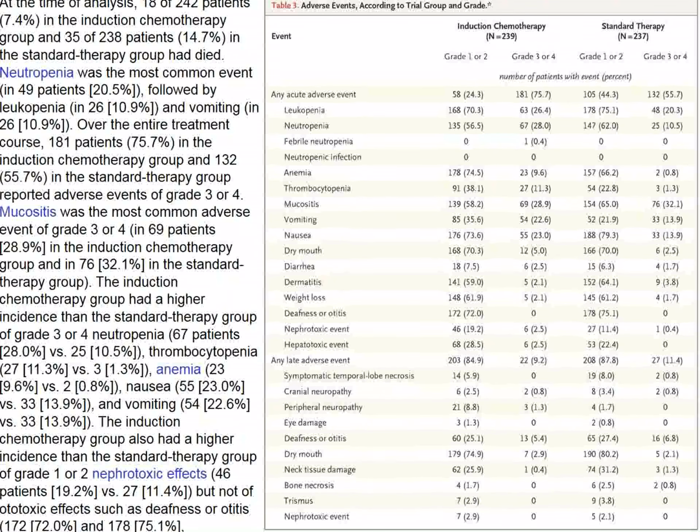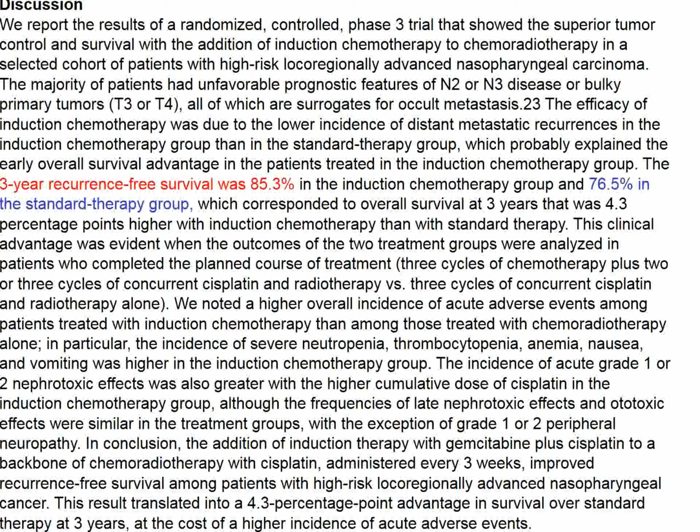Nephrotoxic events were more common, although the increase was not massive, but it was nevertheless present. Basically, the bottom line is that the 3-year recurrence-free survival was 85% in the induction group and 76% in the standard care group. So that's a difference of 9% between the groups.